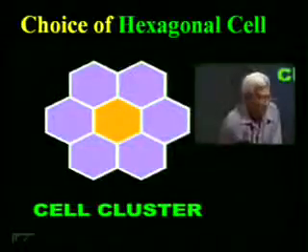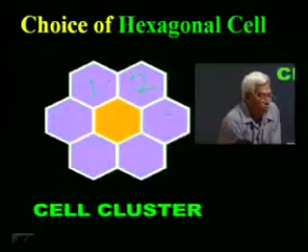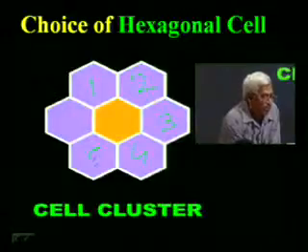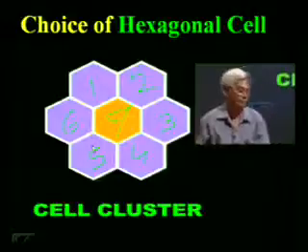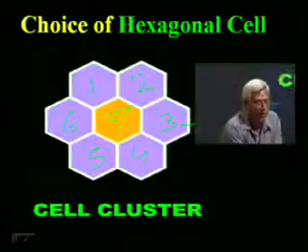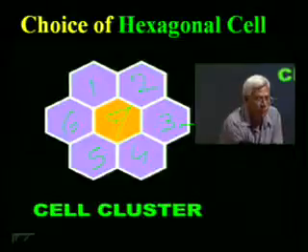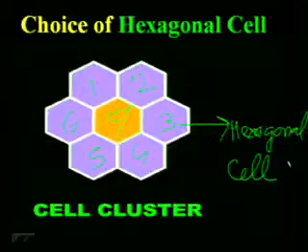This is a cluster of 7 cells, 1, 2, 3, 4, 5, 6 and 7. So, this is one cluster, made of hexagonal cells, and we have preferred this type of cell in cellular communication. So, this was regarding the frequency reuse and frequency planning.